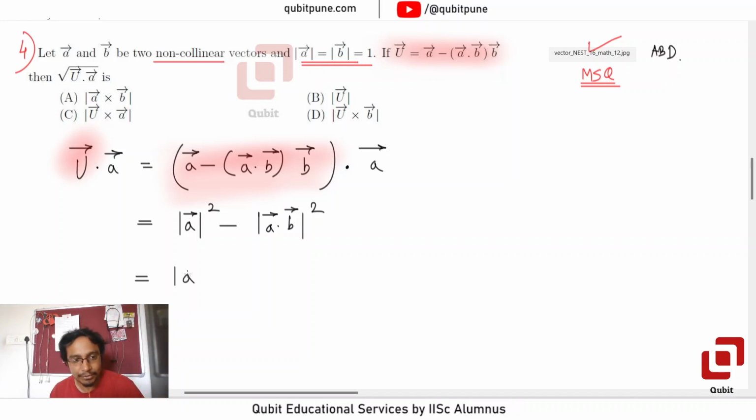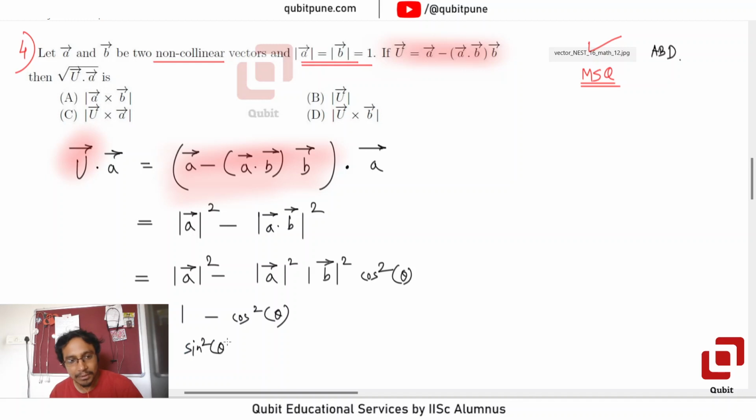So mod a bar squared minus mod a bar squared mod b bar squared cos squared theta. But because both these vectors are unit vectors, we will get 1 minus cos squared theta, or sin squared theta. Is that clear? Yes, sir. Therefore, root of u dot a is sin theta.